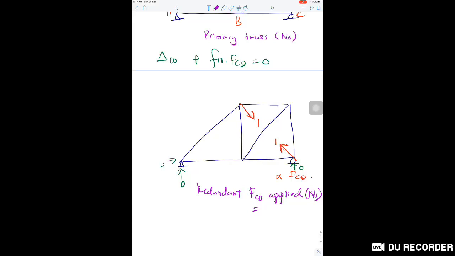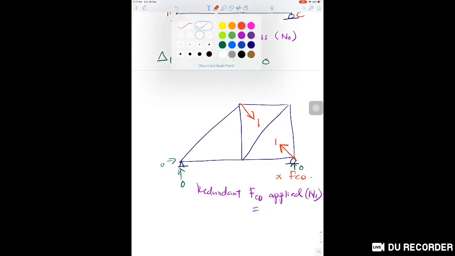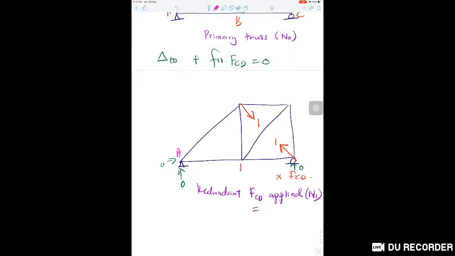For determining the member force using the easy method, we can start at a joint with one triangle. So for this case, this is A, B, C, D and E.